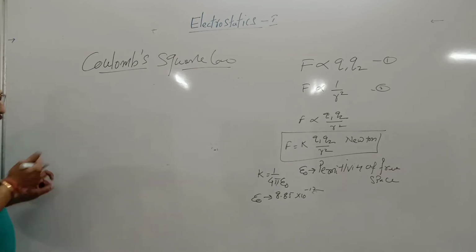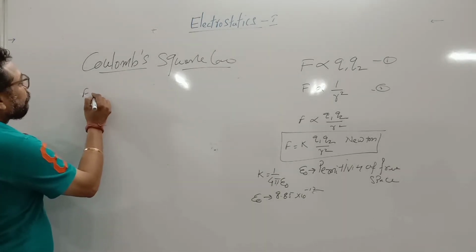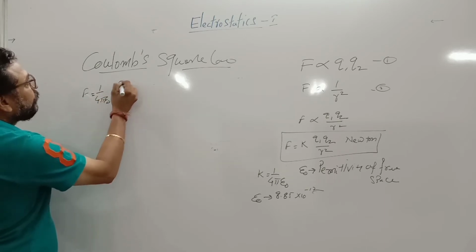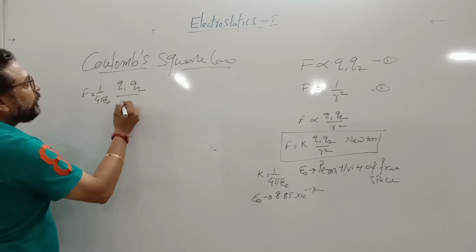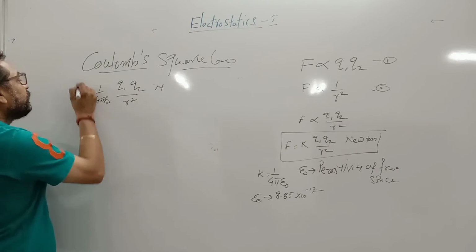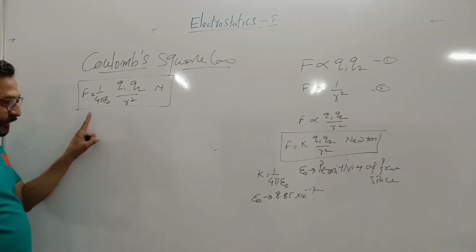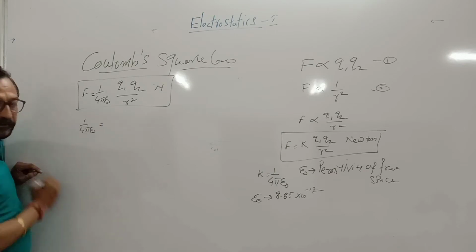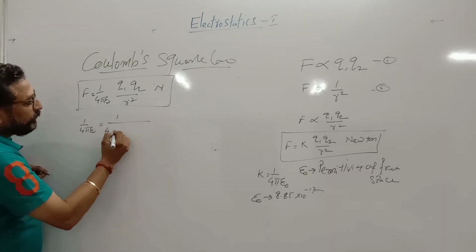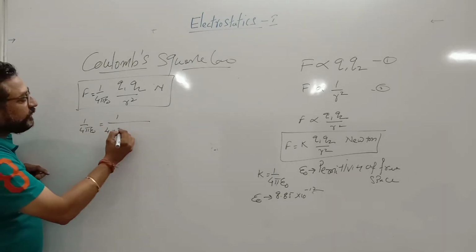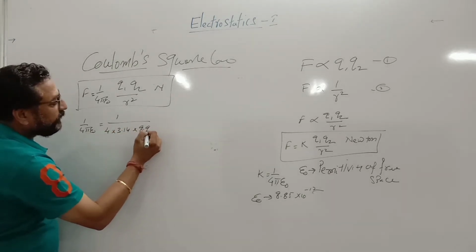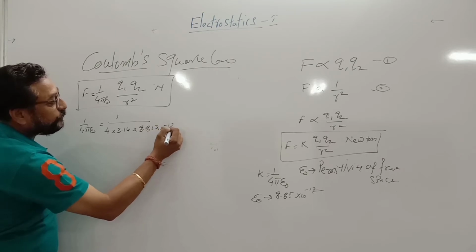Then put the value. F is equal to, the formula is K, which is 1 upon 4 pi epsilon naught, Q1 Q2 upon R square, in Newton. We know that the value of 1 upon 4 pi epsilon naught is equal to 1 upon 4, the value of pi is 3.14 and epsilon naught is 8.85 into 10 to the power minus 12.